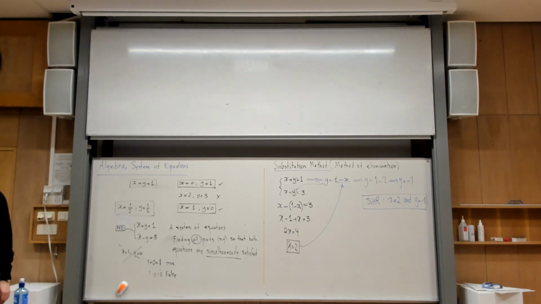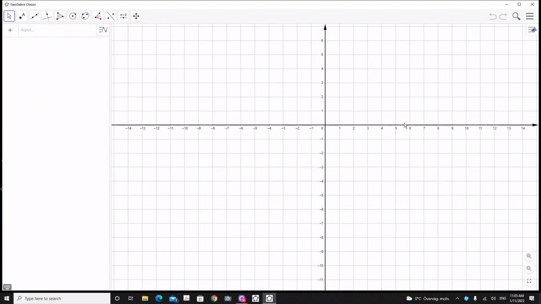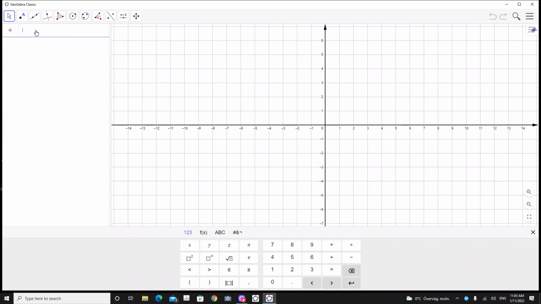Okay, so here we go to GeoGebra. I think GeoGebra can calculate those. Do you remember what it was? It was x minus y equals 1.